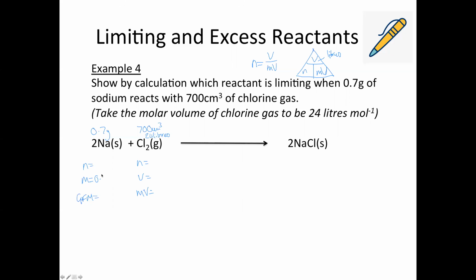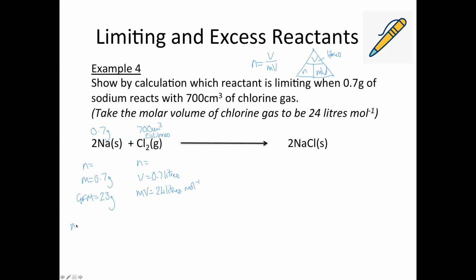So if we've got 0.7 grams of sodium, the gram formula mass is 23. We've been told the molar volume is 24 litres per mole, and that means we need to change this volume into litres, so divided by 1,000 would give you 0.7 litres.